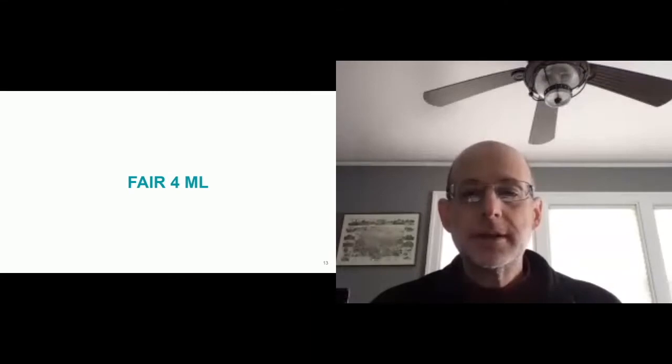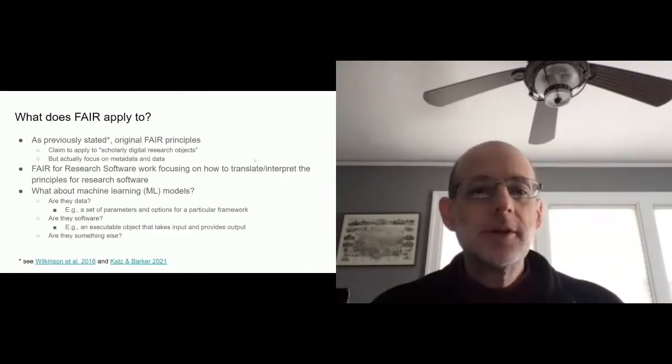Okay, thank you. So can we go to the next slide? All right, so just thinking about this from a high level, one question is how do we deal with FAIR and machine learning models?